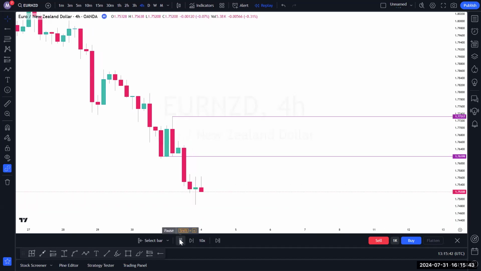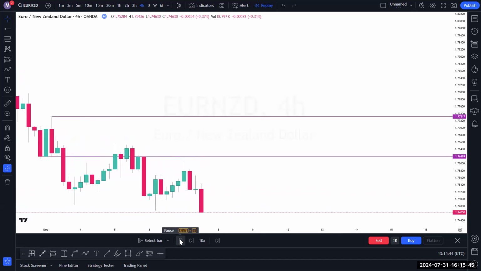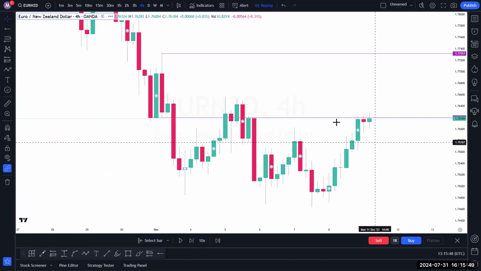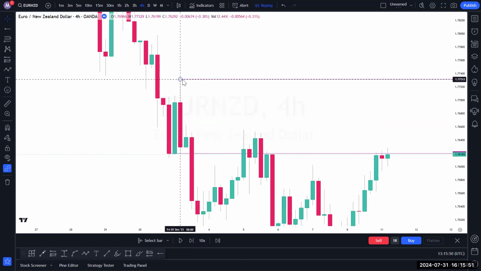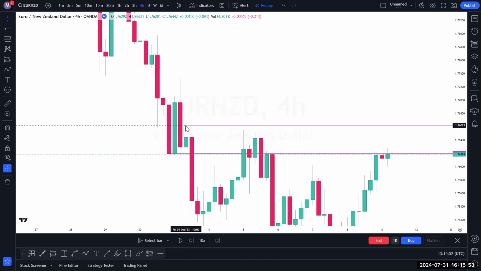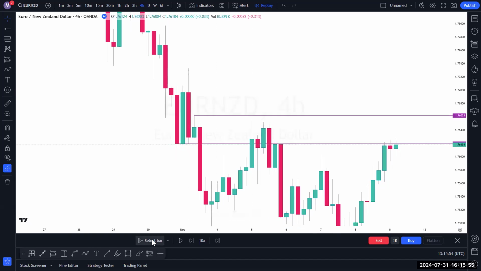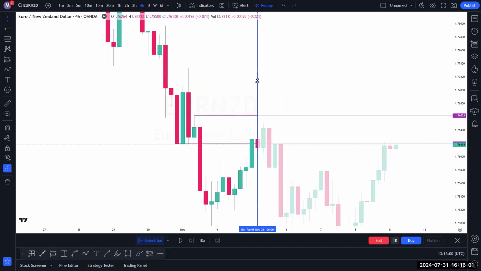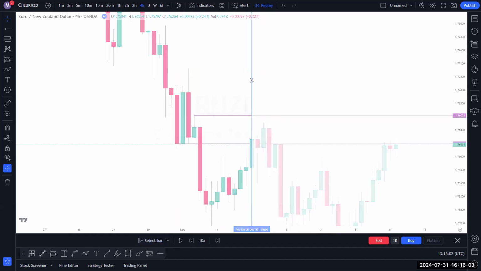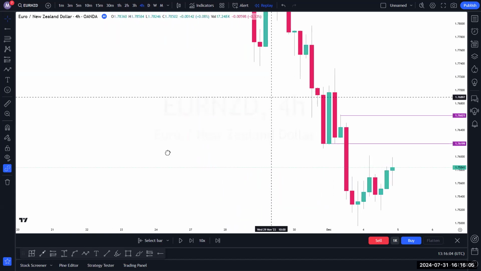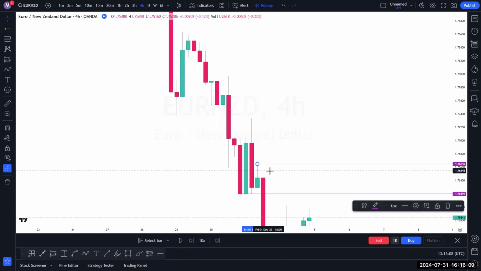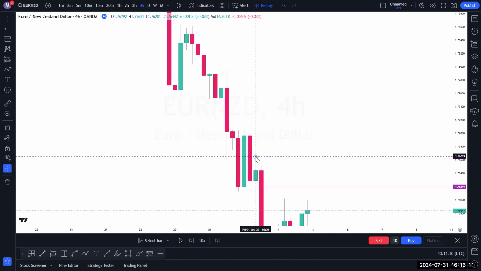Let me first explain. This is why I told you that you also need to mark the other one on top, because sometimes price may do extended wicks and cross above this invalidation point with a wick.